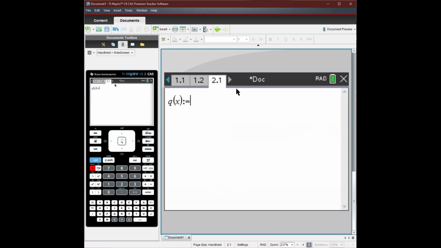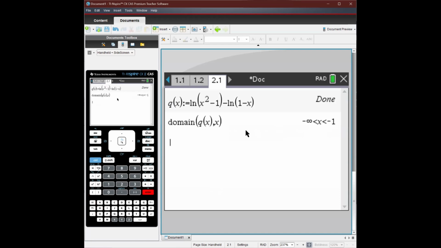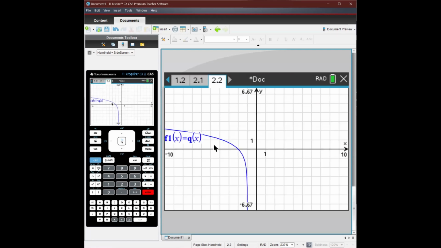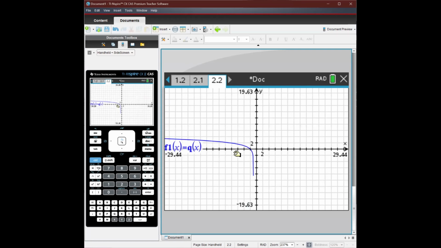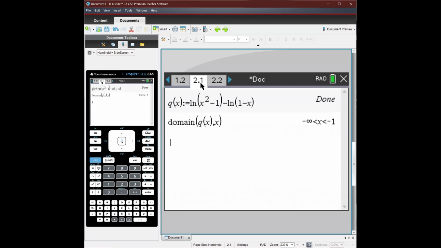Q of x is assigned to natural log of x squared minus 1 minus natural log of 1 minus x. Domain Q of x, comma x, less than -1. And if you want to look at the range, just look at the Q of x. Okay, looks like all real numbers.